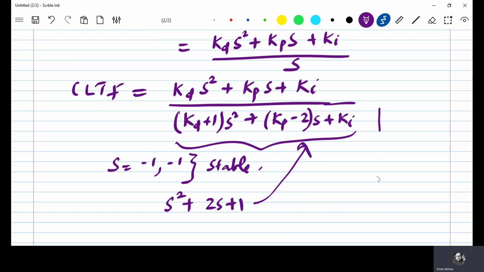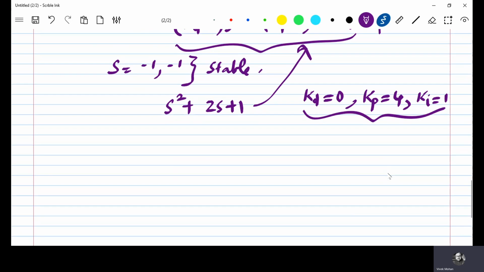For this, what should be the value of Kd? Kd equals 0, Kp equals 4, and Ki equals 1. So this is possible, right? By appropriately tuning the proportional integral derivative controller, we can make the system stable. Now we have stabilized the system.